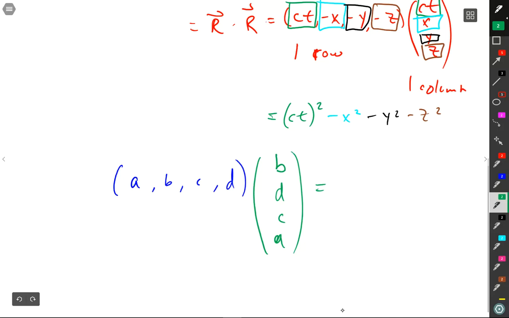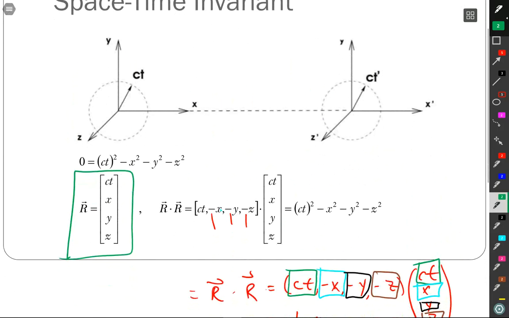So that would be the first times the first, so AB, plus the second times the second, plus the third times the third, plus the fourth times the fourth. Obviously, if I would have said E, F, G, H, then it would have been all uniques. Okay, so that's how we multiply these four vectors together.